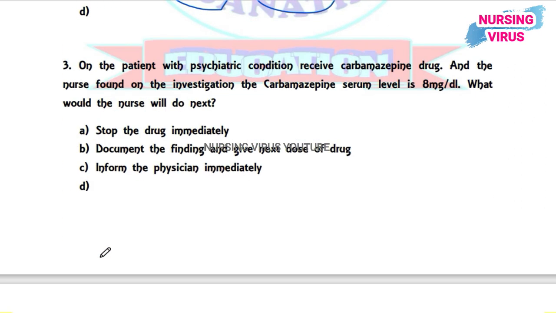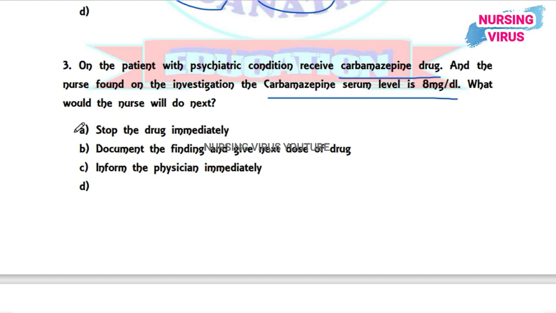The next question: a patient with a psychiatric condition receives carbamazepine, which is one of the mood stabilizers, commonly given for the manic client. The nurse found on investigation that the carbamazepine serum level is 8 mg per deciliter. What would be the nurse's next plan?